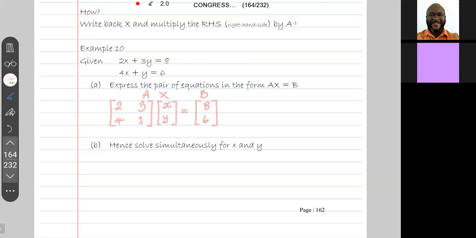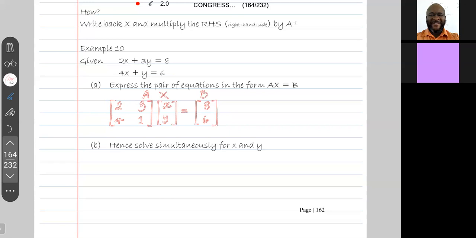I simply take the coefficients of x and y to form A. X is the column matrix x, y, and B is the column matrix 8, 6. Part B says, hence, solve simultaneously for x and y.